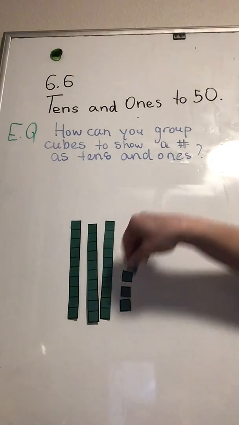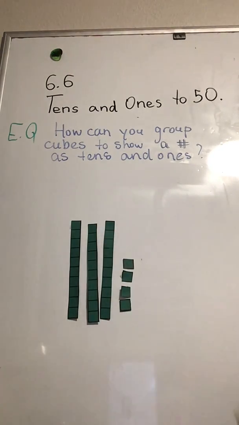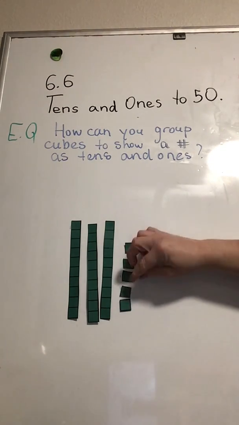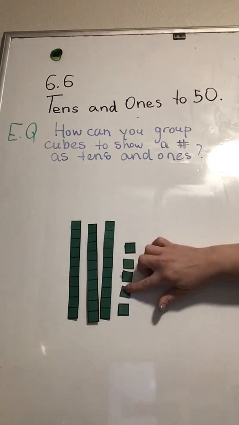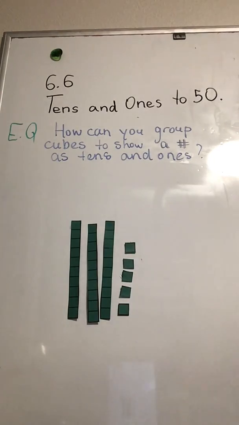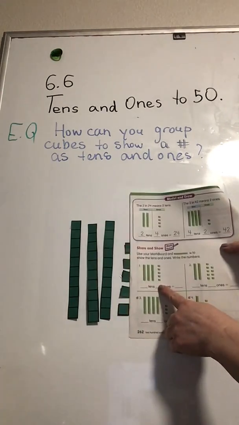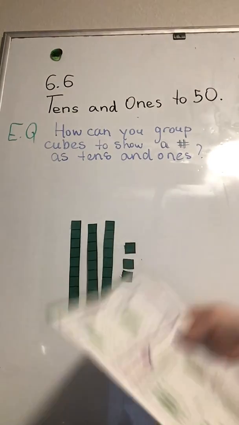You see how Mrs. K is stacking them nicely? That's how you're supposed to do it, even when you model them with your picture. Okay? So this is 1, 2, 3, 4, 5. Does that look familiar to you? Yes, Mrs. K just built the model.